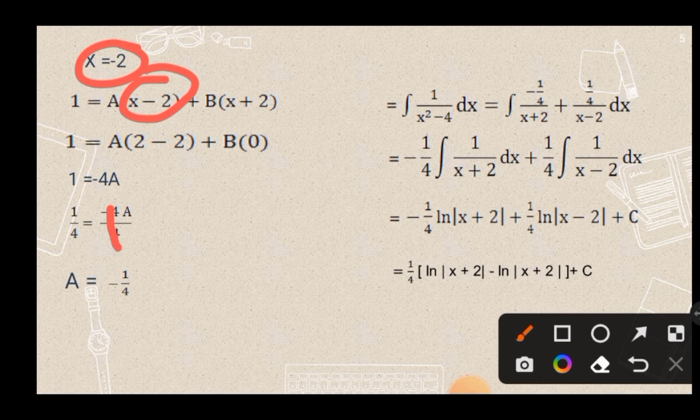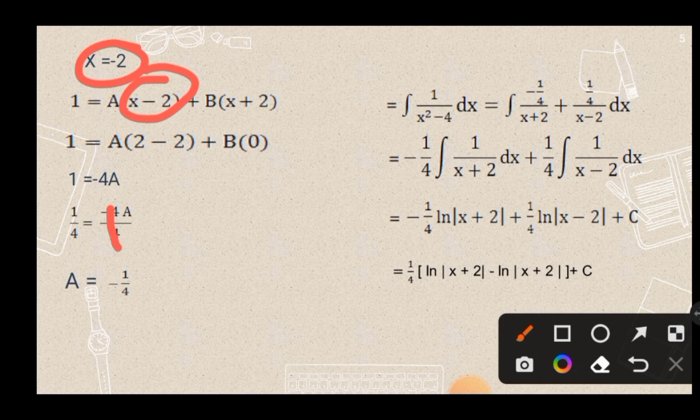We need to substitute the values of A and B. So we have the integral of negative 1 over 4 over x plus 2, plus 1 over 4 over x minus 2, dx.